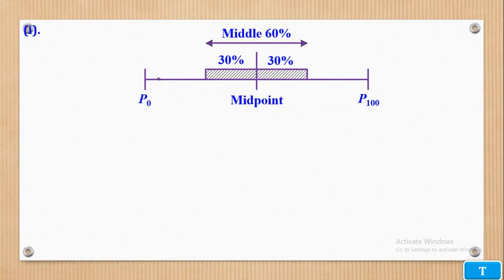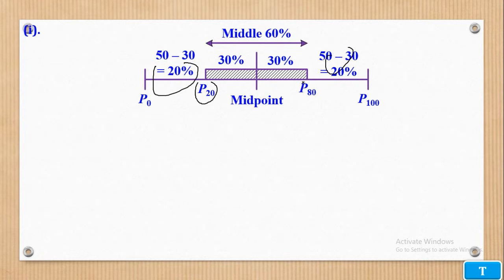Okay, that means that this remaining part will be 50 minus 30, which is 20. Therefore, this is P20. And this remaining part will be 50 plus 30, which is 80, meaning this will be P80. Therefore, the range they want is from P20 to P80.